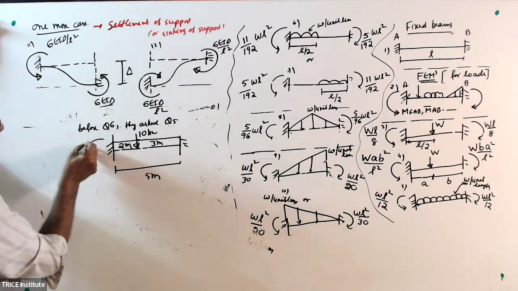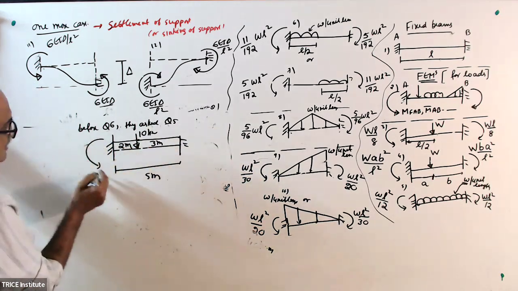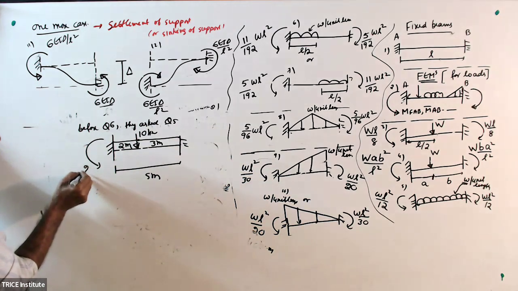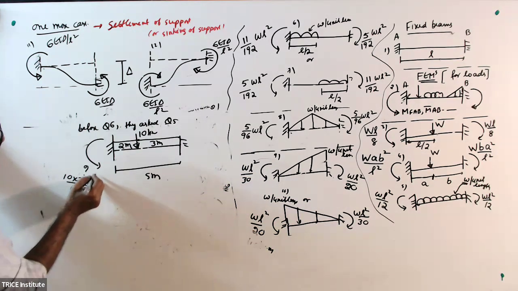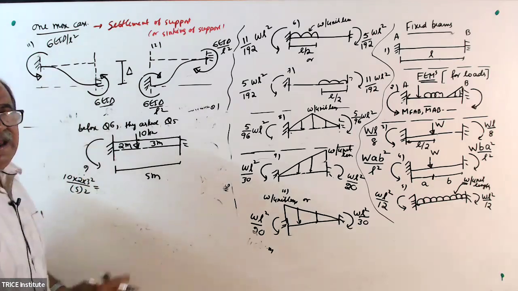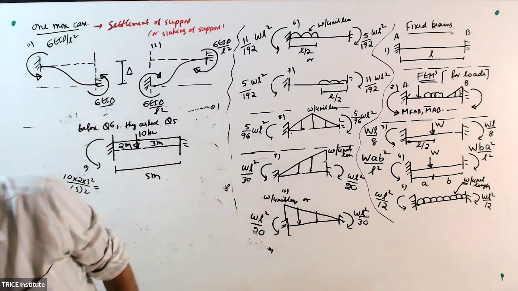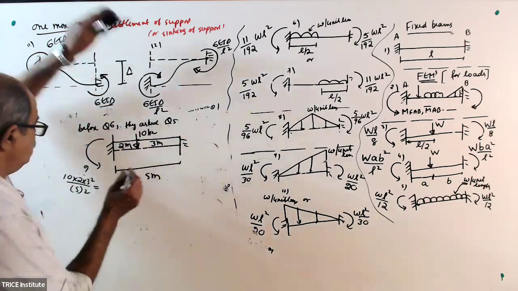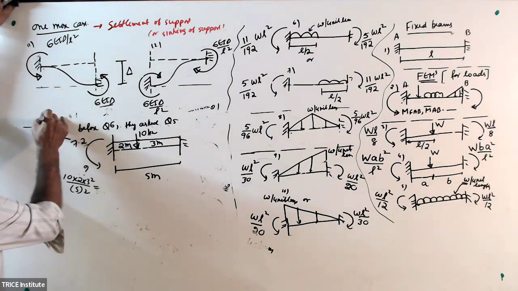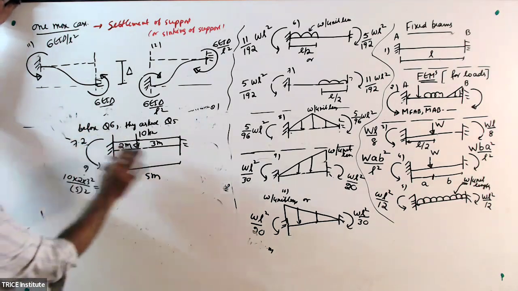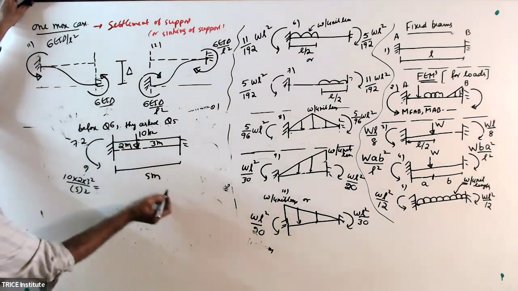They want this FEM. Tell how much answer you got. You already know the answer: 10 into 2 into 3 square by 5 square. What is the answer? You already got it earlier in question 5. How much? 7.2 you got. This FEM is 7.2 right here.